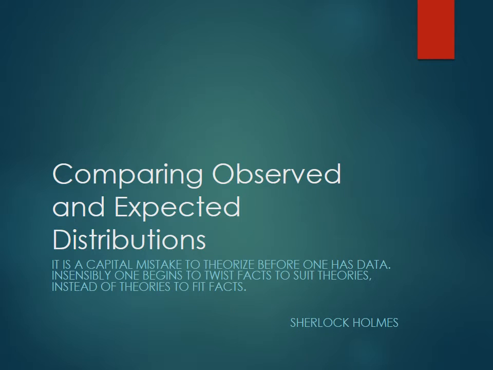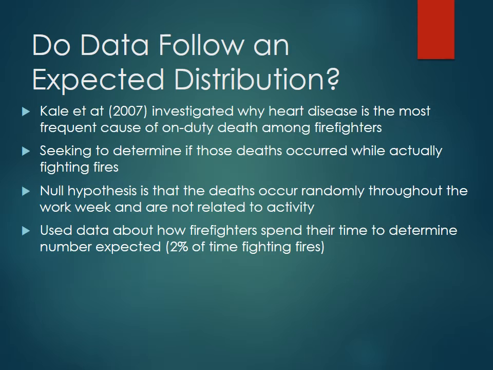So first thing we're going to look at is comparing the observed and expected distributions that occur. So sometimes you want to look at the occurrence of a particular event or a particular situation that's happening, and you want to find out whether or not that's going to be following an expected distribution.